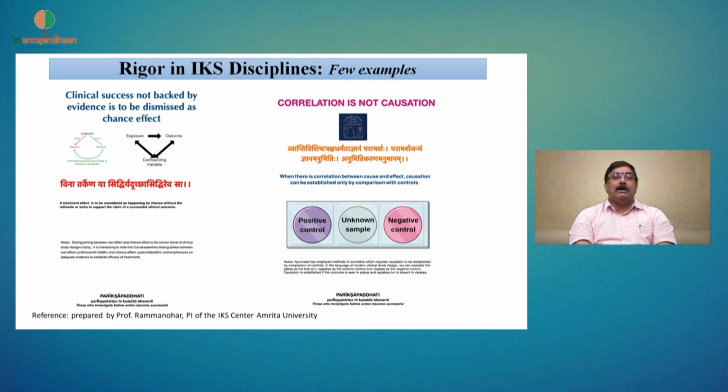In fact, it says, Vinatarkena yasiddhir yadruchaya siddhirevasa. And this correlation is not causation type of statement is something that you find in Charaka Samhita also. And imagine, this is a 2500-year-old text. This is the kind of rigor that we had in our disciplines.